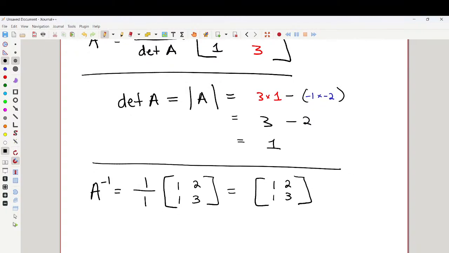And that right there would be the inverse of A.